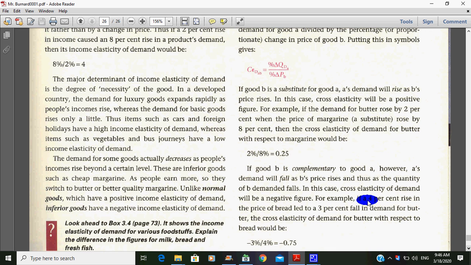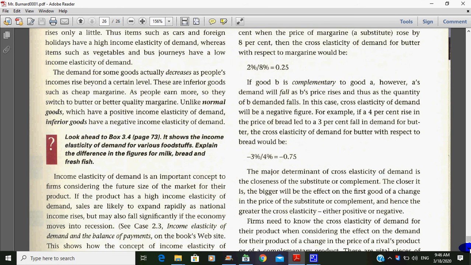For example, if a 4% rise in the price of bread led to a 3% fall in the demand for butter, the cross elasticity of demand for butter with respect to bread would be negative 0.75. You have to try to remind yourself of what complementary goods are to understand this section.